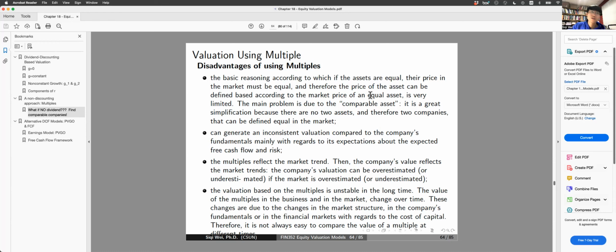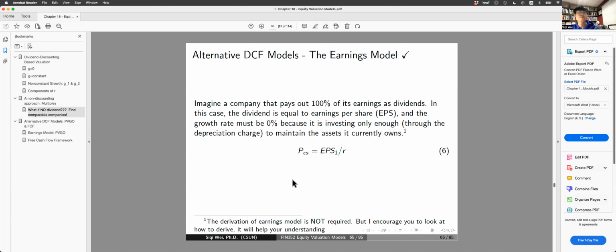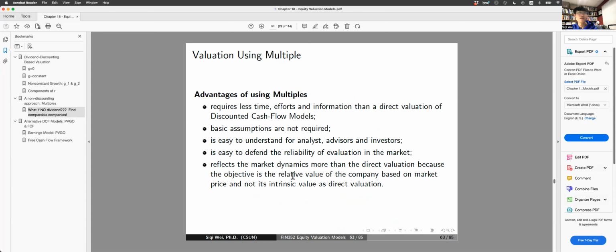Speaking of the advantage of using financial multiples, I would argue the beauty of this thing is that it's easy. You just need to look at the ratios. You don't want to confuse yourself with quite a few advanced models. This is very easy to implement.